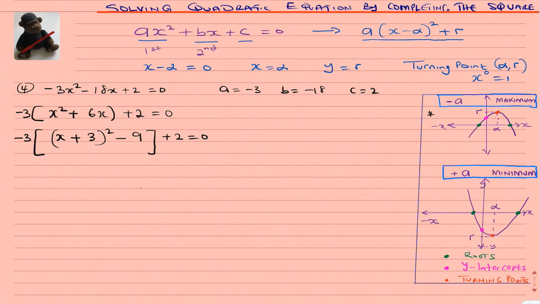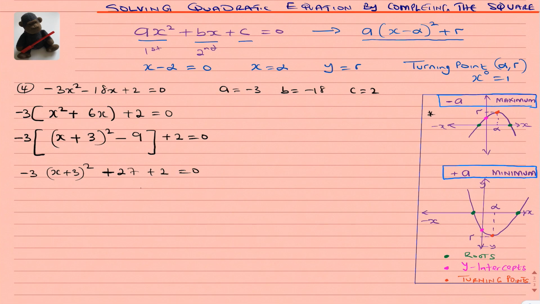Next thing we do now is to multiply out the square bracket by minus 3. So open everything out. So you're going to get minus 3 x plus 3 squared minus 9 times minus 3 is plus 27. Now the square bracket is open, so we get plus 2, and that equal to 0.